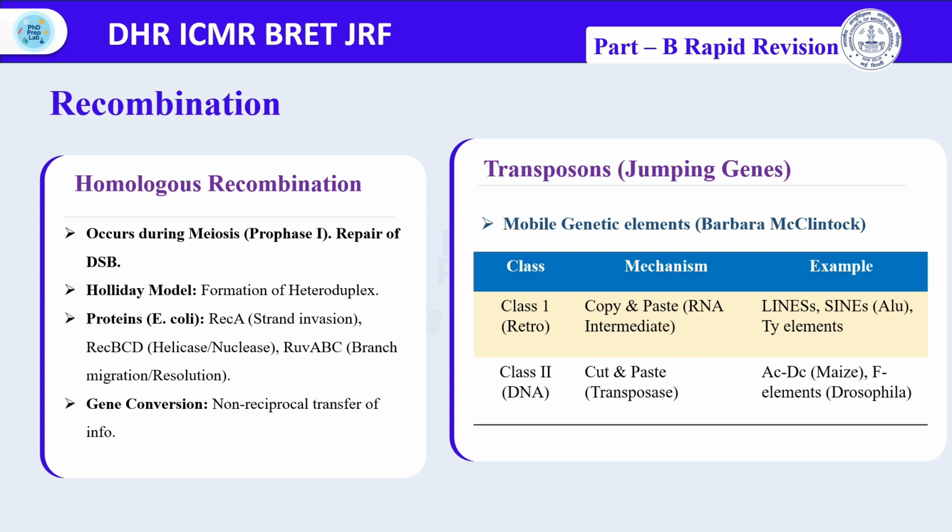Importantly remember the mechanism of the class 1 type of transposons is copy and paste, and the examples are LINE, SINE, Alu, Ty elements. And the class 2, the DNA transposons, the mechanism that they follow is the cut and paste mechanism. So copy and paste and cut and paste is very, very important. And in cut and paste, the examples are the Ac/Ds, the P elements of Drosophila.